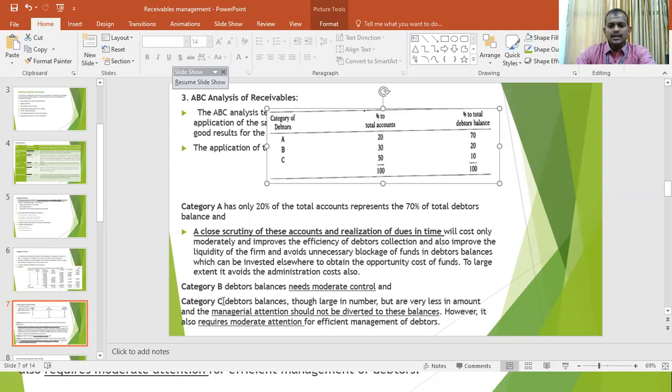Coming to the C category, what managerial persons suggest is, don't waste time concentrating on this category of debtors, because these persons hold only 10% of the total balance, even though a moderate attention is required for the efficient management of the debtors.